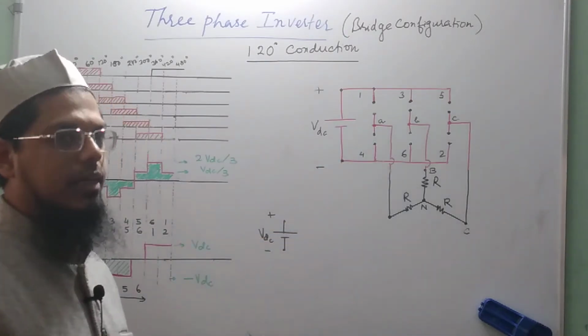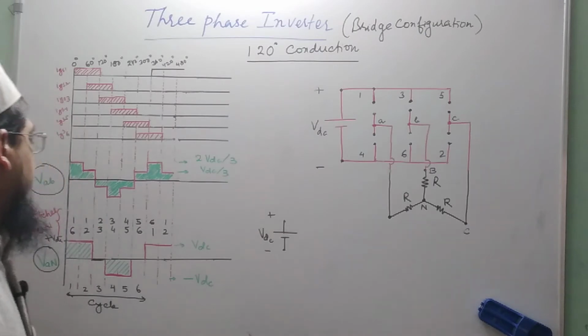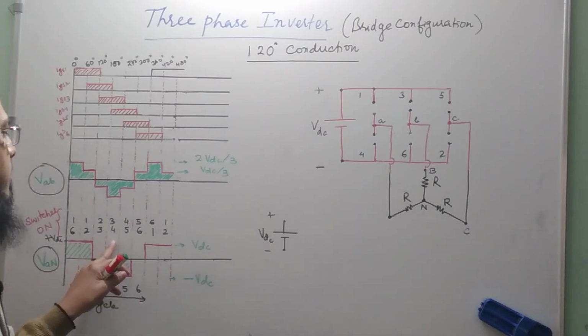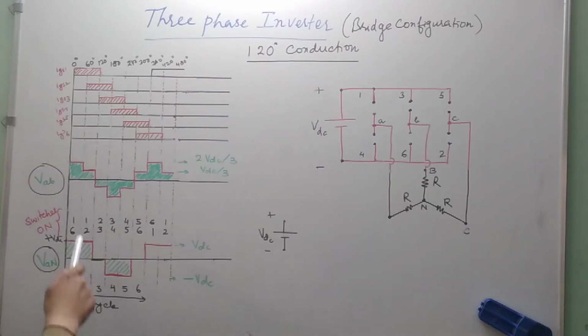But in this case you could see that 1 is being turned off, and then there is one complete step, then 4 is being turned on.